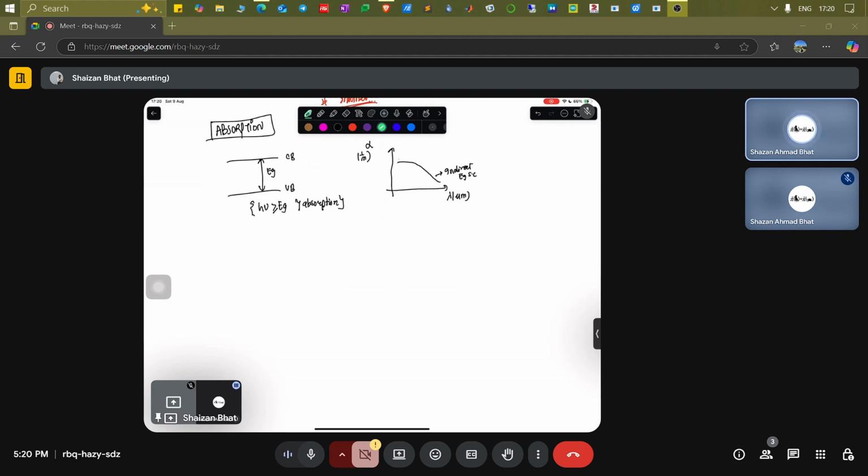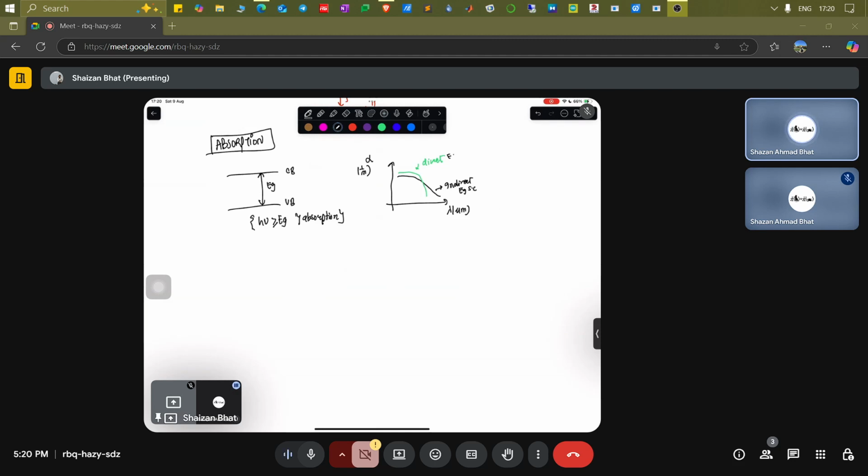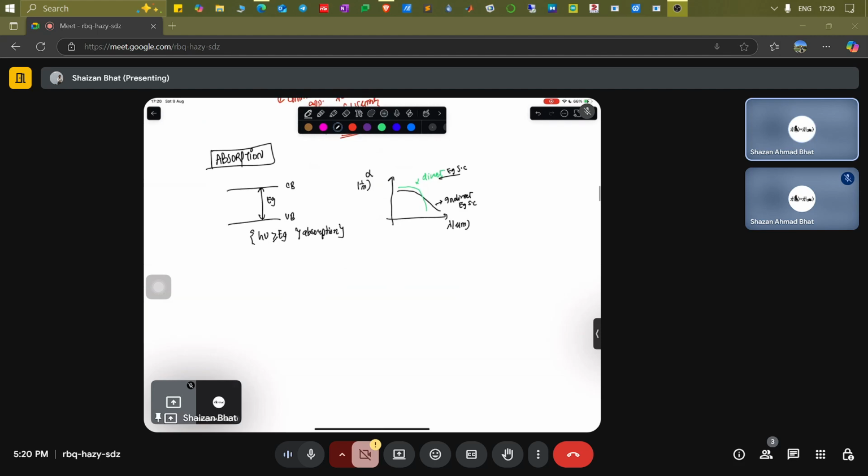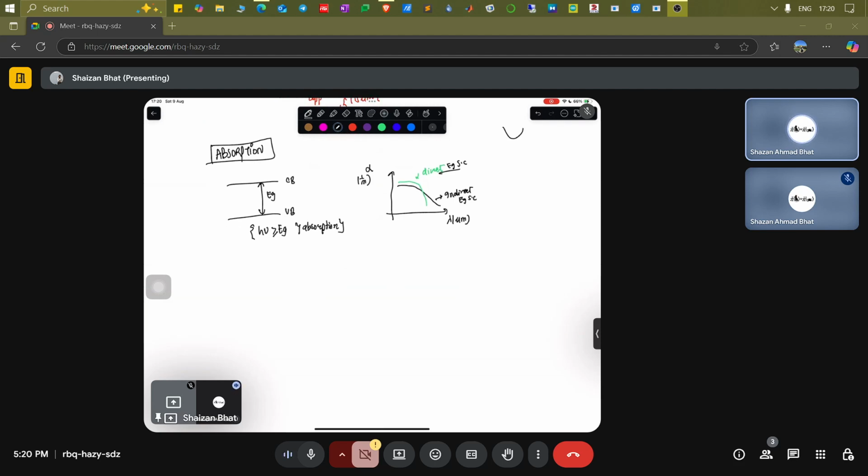And for a direct band gap semiconductor, you're going to see a step-like behavior with respect to the wavelength. So this is for a direct band gap semiconductor. Why does that happen? This happens because for a direct band gap semiconductor, the photons get directly absorbed by the electrons and create the electron hole pair.